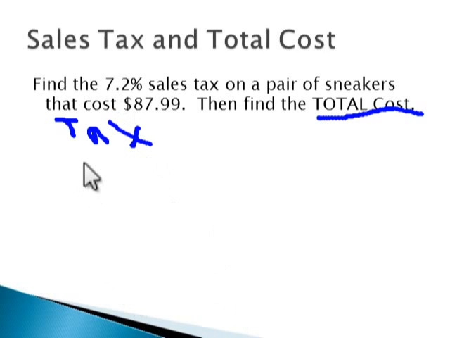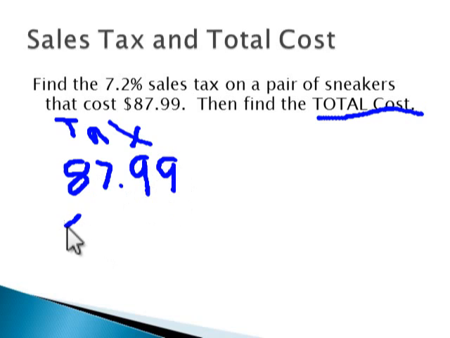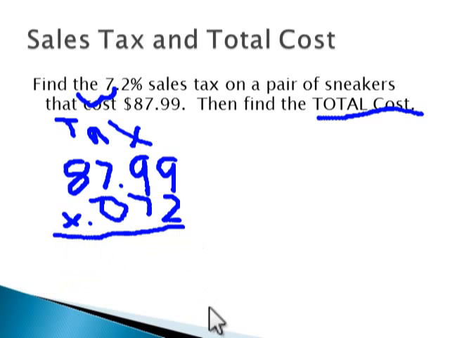So we'll simply be multiplying 87.99 by the decimal version of 7.2%, which you get by moving the decimal point 2 places to the left, and so it becomes 0.072.